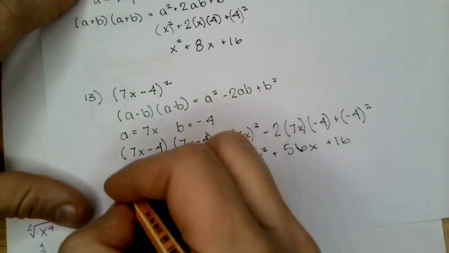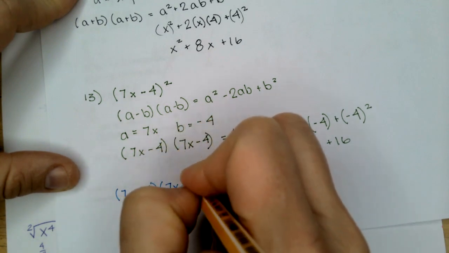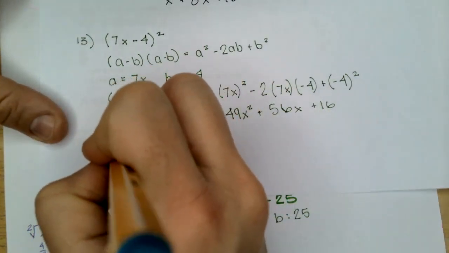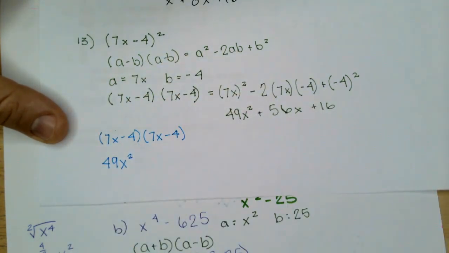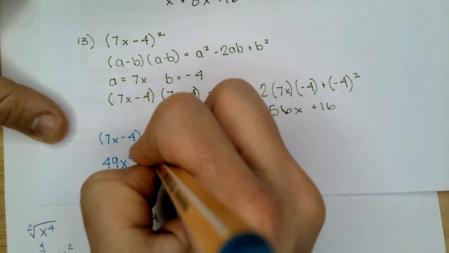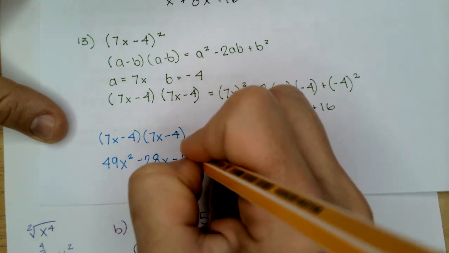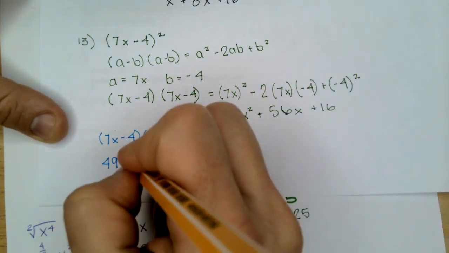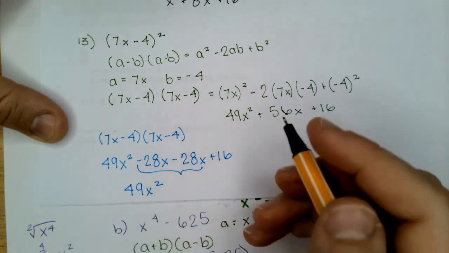And then if I just wanted to take 7x minus 4 times 7x minus 4 and FOIL it as if I didn't know the special product formula, 7 times 7 is 49, x times x is x squared, 7 times -4 is -28x, and then again we're going to do -4 times 7, so it's going to be another -28x, and then -4 times -4 is a positive 16. I'll combine these two, and I'll get 49x squared minus 56x plus 16.